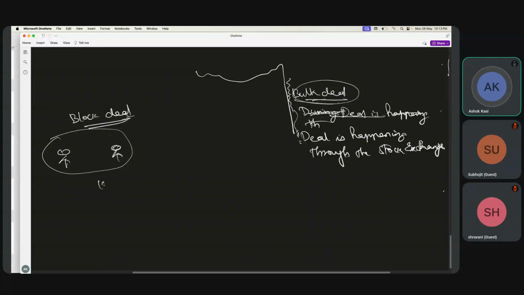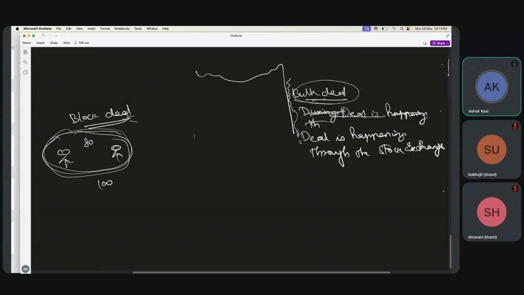Suppose in the market its price is 100, they might have negotiated for 80 or 90. They will negotiate, and then they will go to the National Stock Exchange platform, and there are separate windows for block deals. Using those windows, they both place the deal, and then it comes out as news that a block deal happened between so and so investor.